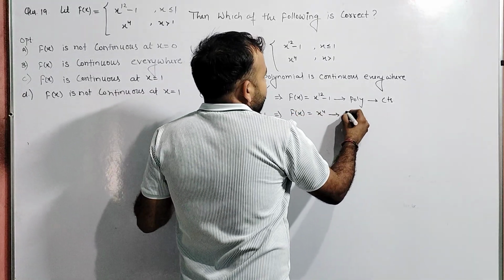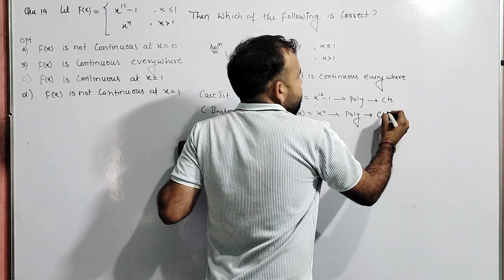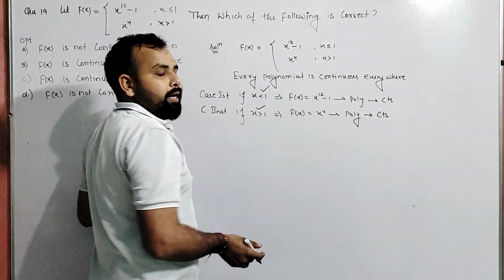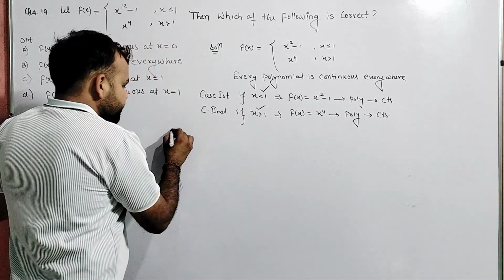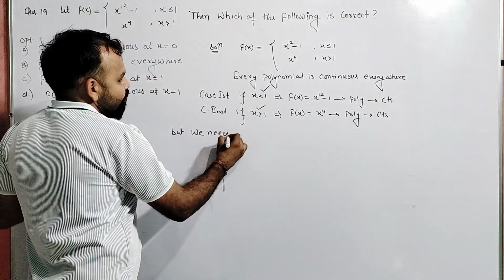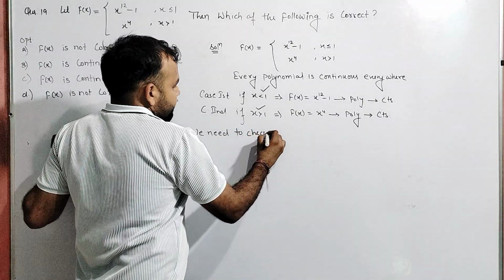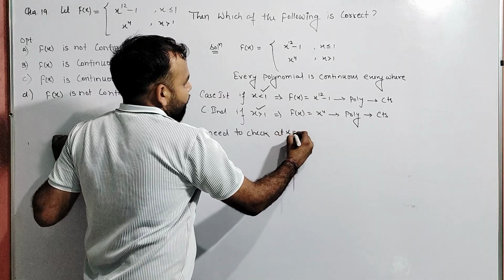This is a polynomial function of degree 4, and so this is also continuous in given domain x greater than 1. But we need to check continuity at x equals to 1.